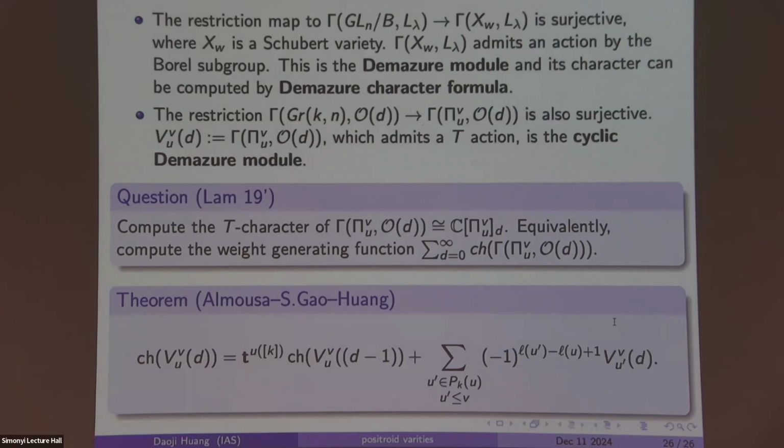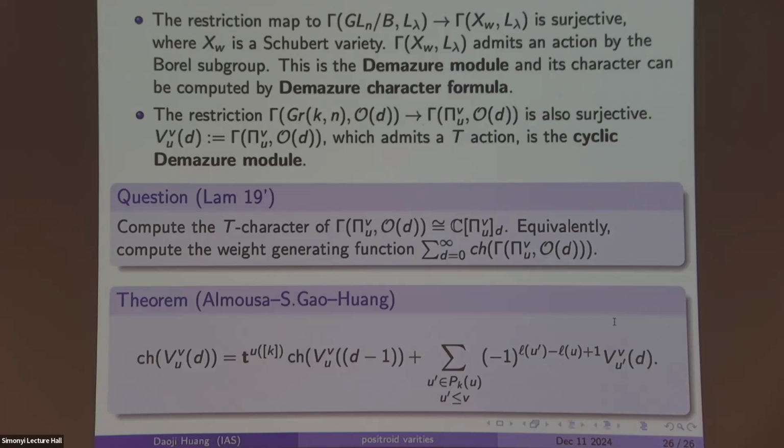So we can basically get this by using our recursion from the Hilbert series and taking the correct degree part, and we got just the inductive formula for the cyclic Demazure characters. So it has a lot of signs, but the Demazure character formula also has a lot of signs.